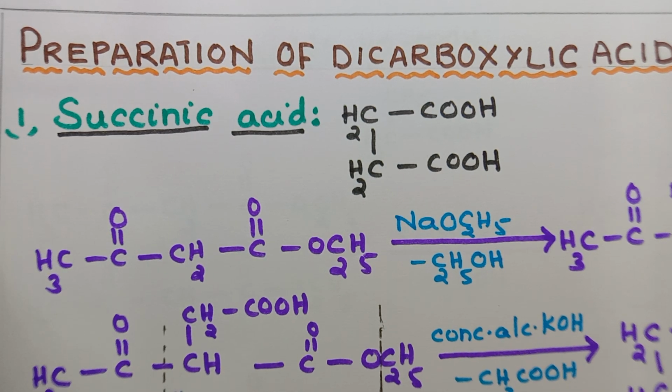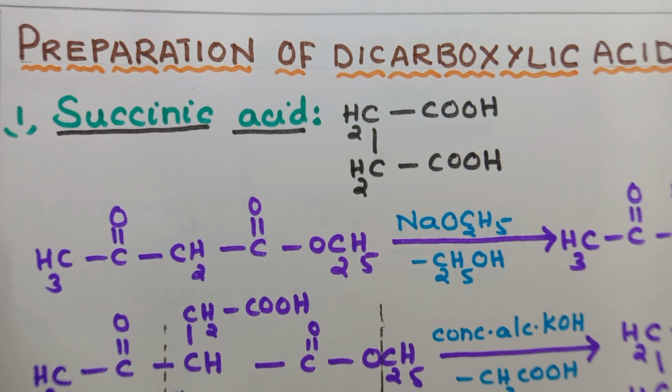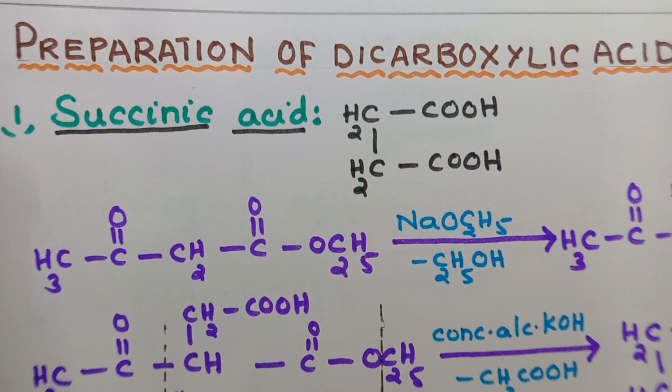In this video today I am going to explain the next topic under active methylene compounds. If you remember, in the previous video we started the applications of acetic ester, under which we completed the preparation of monocarboxylic acids.